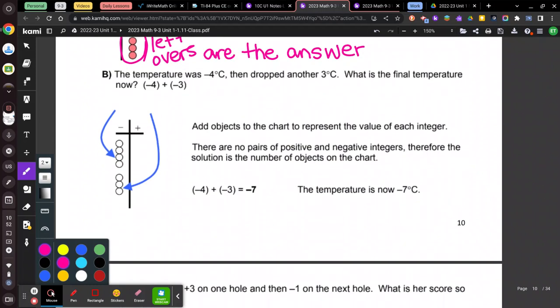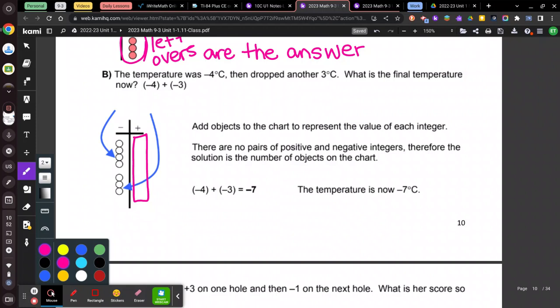Let's try this one. What about if there's no color on the other side and there's just a whole bunch on one side? Well, that just means you add them all up on that side. You would group them together as one set. I've got nothing on this side to get rid of or cross out.